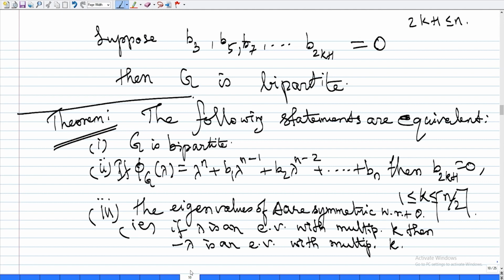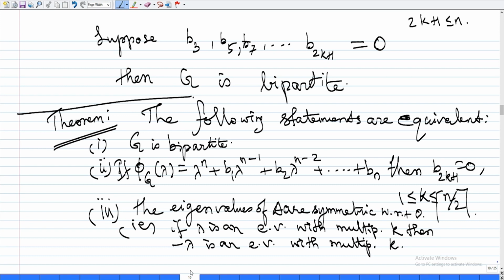That is, if we know the characteristic polynomial has all the odd coefficients b 2k plus 1 equal to 0, then what can we say about the eigenvalues? Or knowing that the eigenvalues follow this pattern, can I conclude that the characteristic polynomial will be like this? It is a very subtle detail that we need to fill in the gap here.